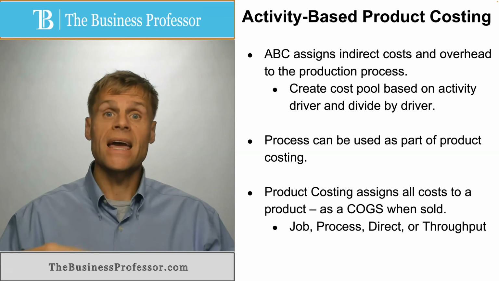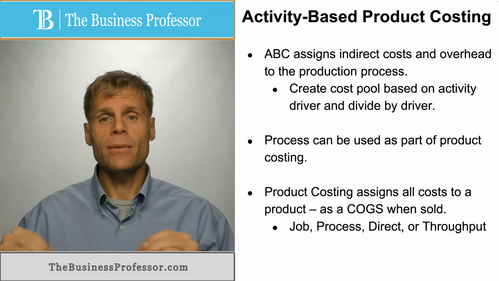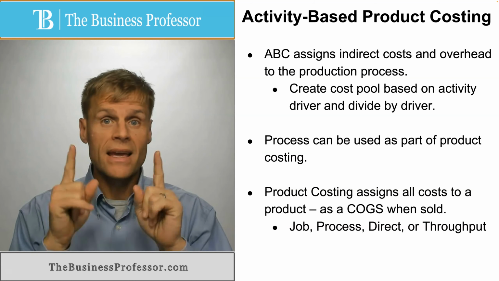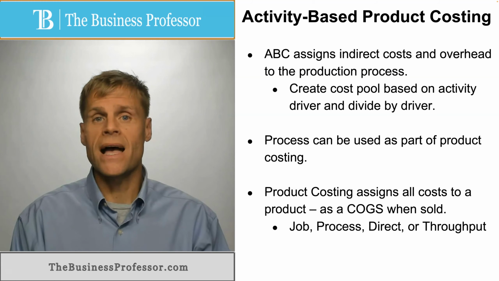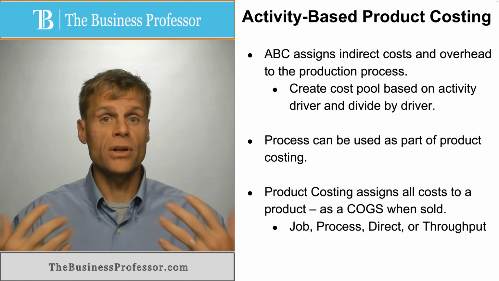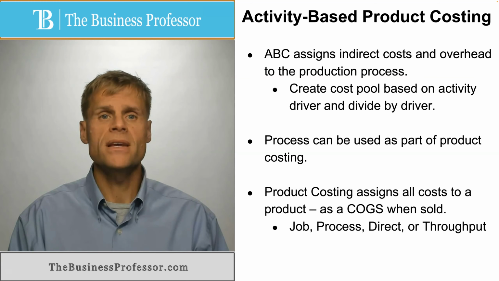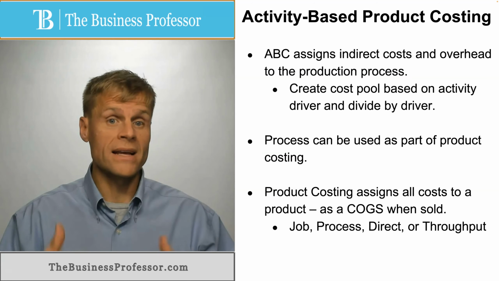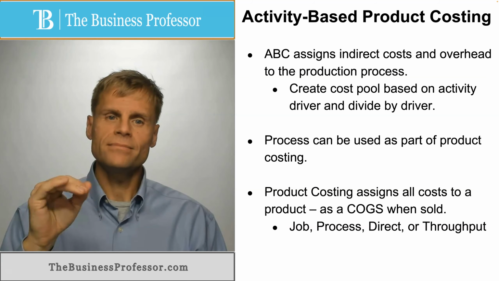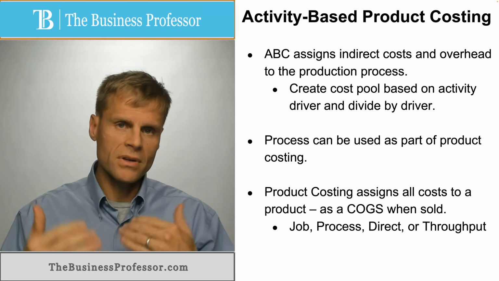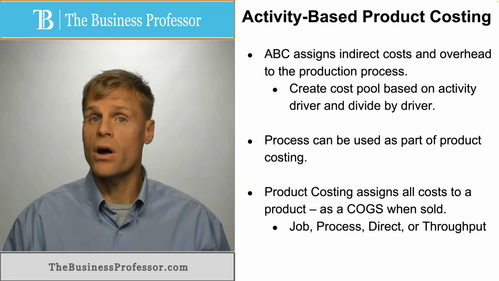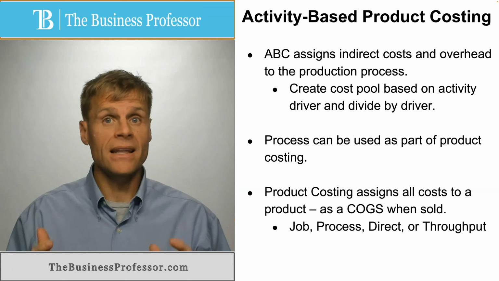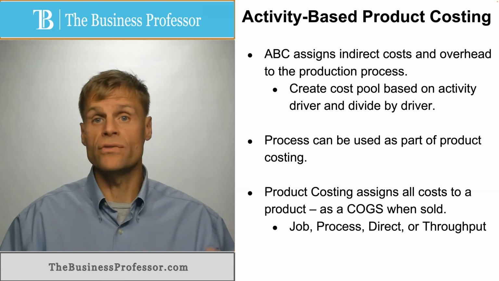But just understand that activity-based costing and product costing can go hand in hand, and activity-based costing particularly can be used to assign costs to a particular production activity that results in products, so that you understand the activities that go into the product that gives rise to the ultimate cost there. And then again, that cost understanding can be used for all sorts of functions, like management decisions, like setting prices, and like calculating the cost of goods sold.